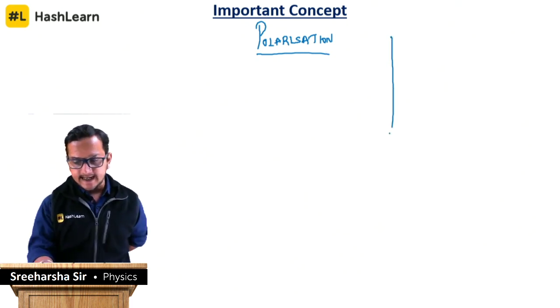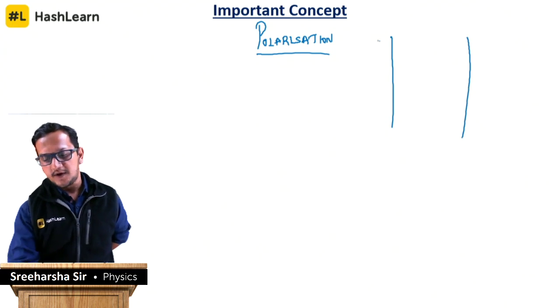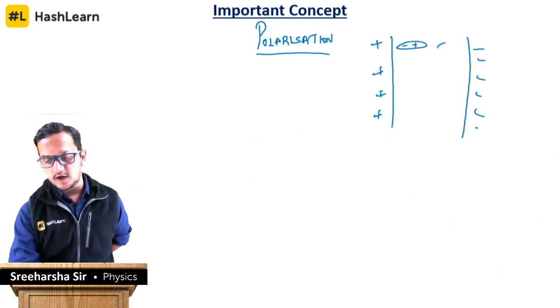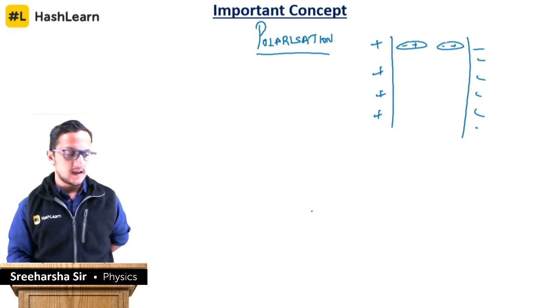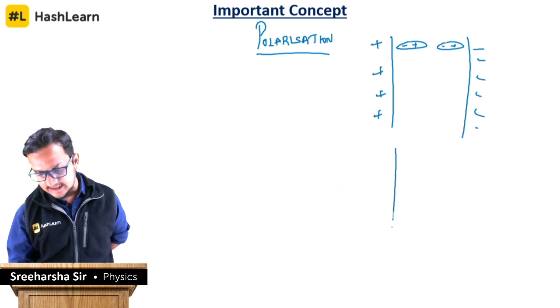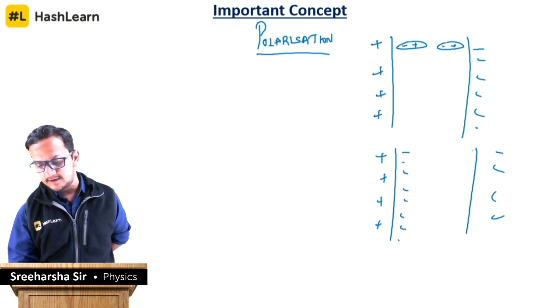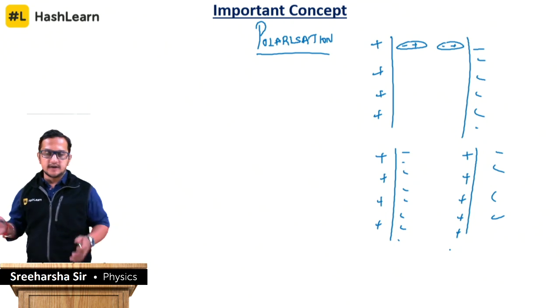If you take any kind of dielectric and apply an electric field, the charges start moving towards one condition. If the electric field is increased, you will have all the negative charges on one side and all the positive charges on the other side. So here what is happening?